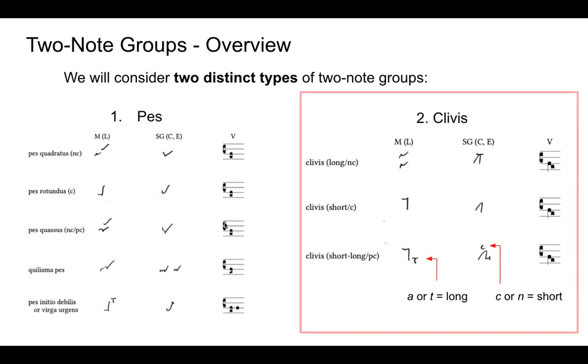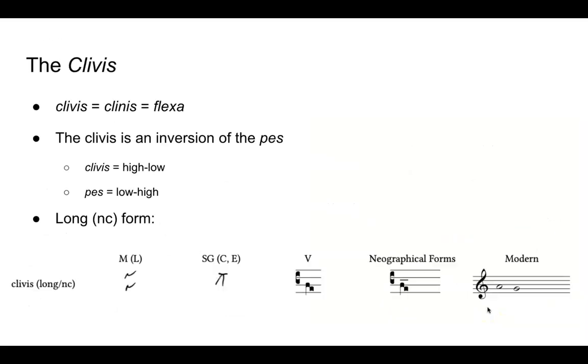We'll now move on to the clivis and get to discuss some of those significative letters. So the first is the long non-cursive form of the clivis. And before we get into the details here about what they look like in the manuscripts, I just want you to understand that the clivis is the same as the pes inverted.